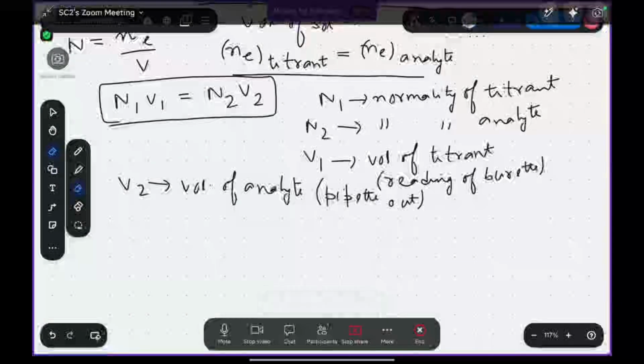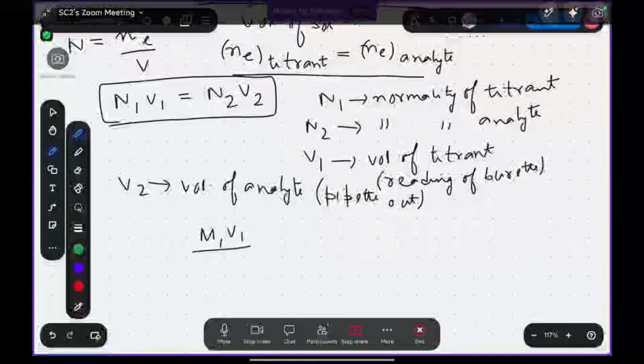If you modify this equation, it becomes M1 V1 by M2 V2 is equal to N1 by N2. This is the equation if you convert the normality equation to a molarity equation, because most of the time this equation is needed.